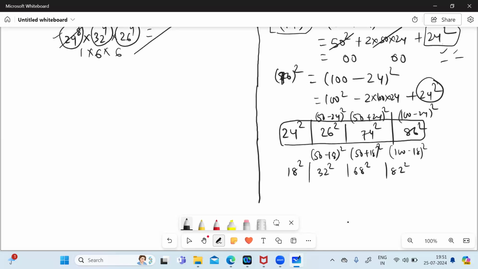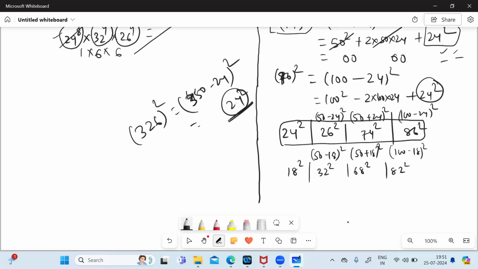So if you want to calculate the last two digits of 326 square, you will get it as 350 minus 24. So ultimately it will give you the last two digits of 24 square only. That's what I was trying to tell you.